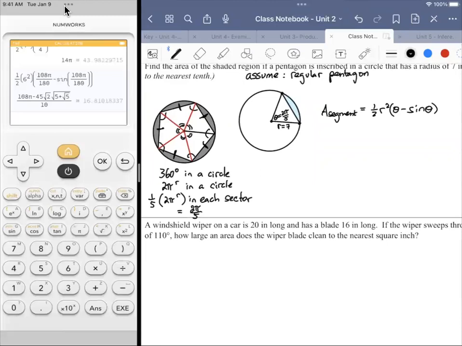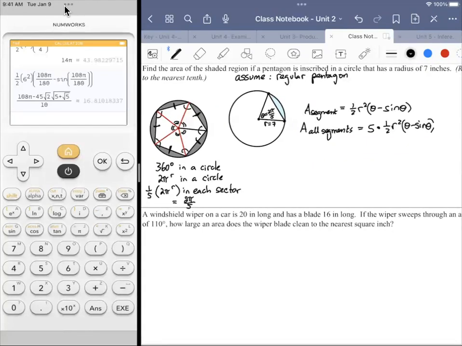But that's only going to give me one of the segments. If I want the area of all the segments, I'm going to do 5 times 1/2 r squared times theta minus the sine of theta, or 5/2 if you want. So 5 over 2 times 7 squared times 2 pi over 5 minus the sine of 2 pi over 5.